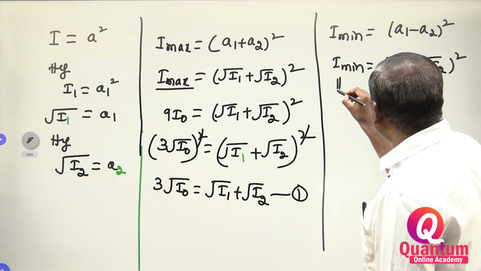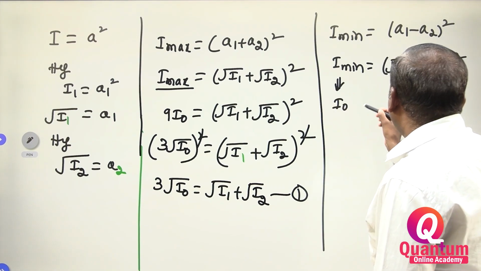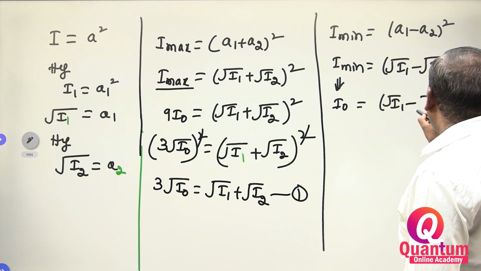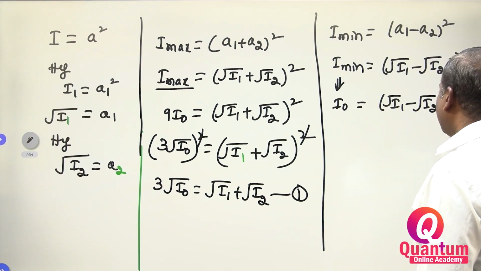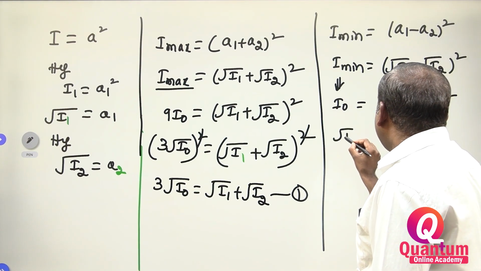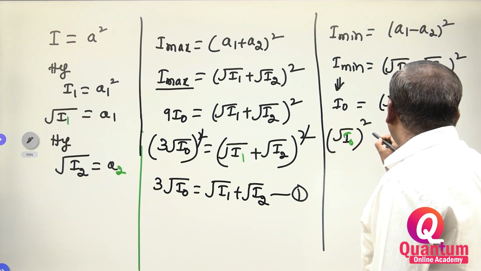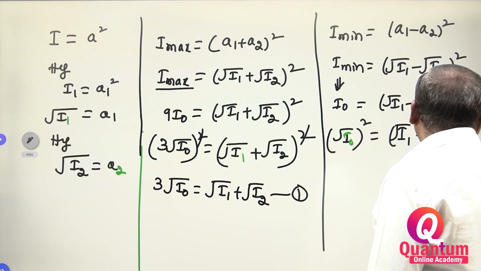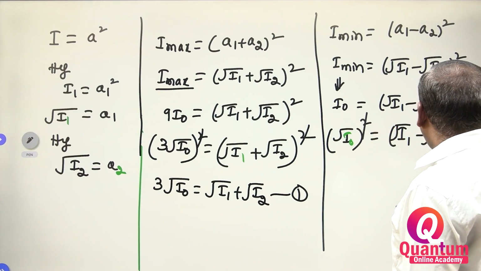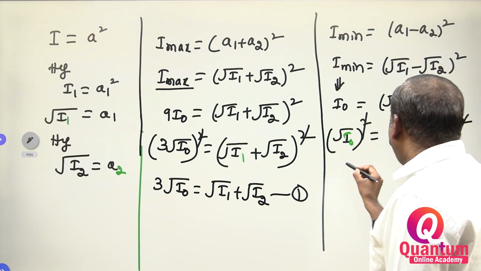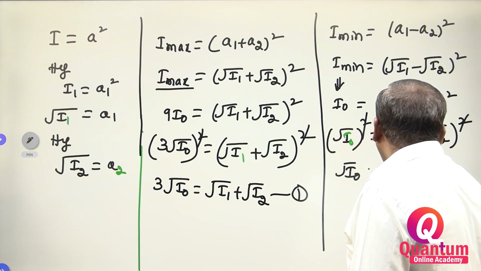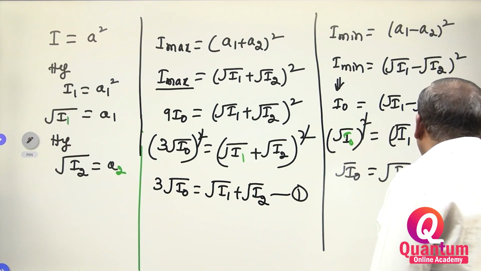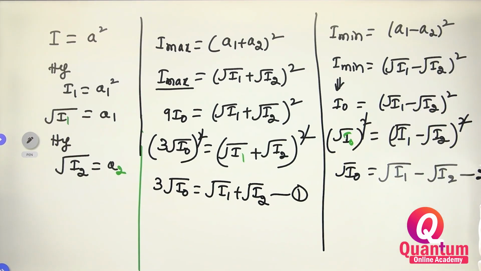I minima they are giving as I naught, so (root I naught) whole square is equal to (root I1 minus root I2) whole square. The whole square gets cancelled. Therefore, root I naught is equal to root I1 minus root I2. This is equation number 2.